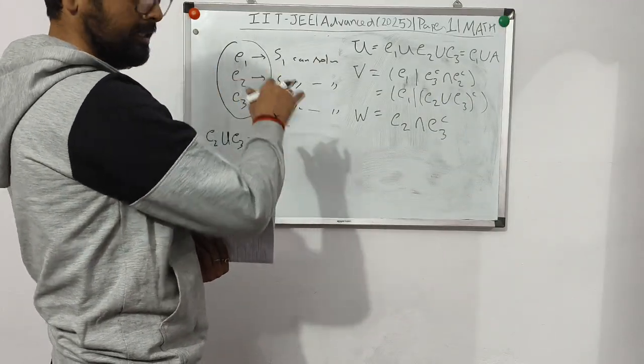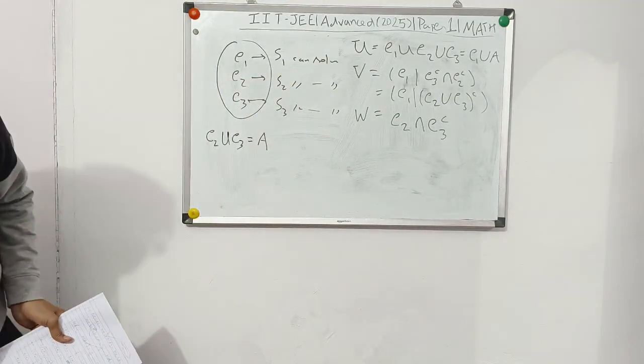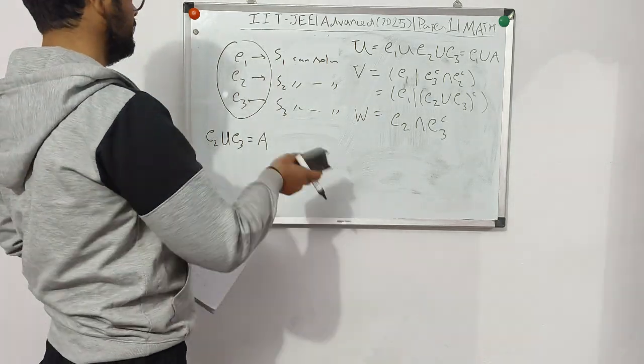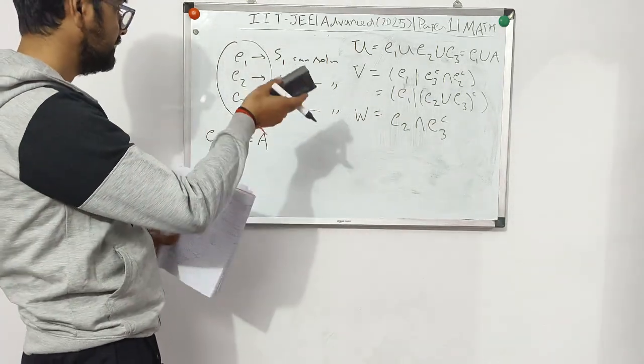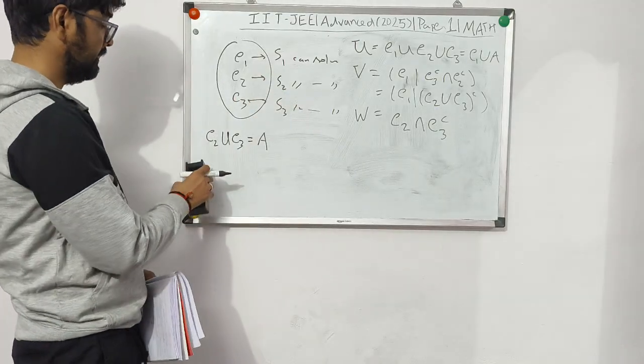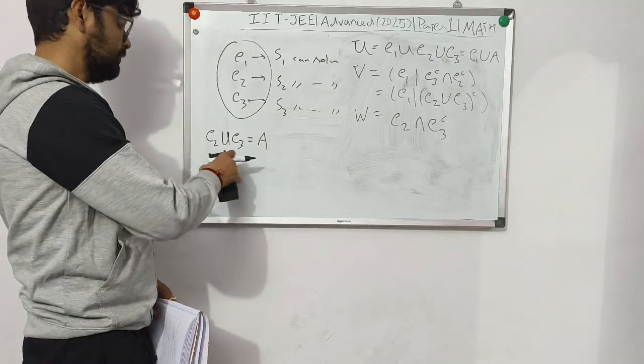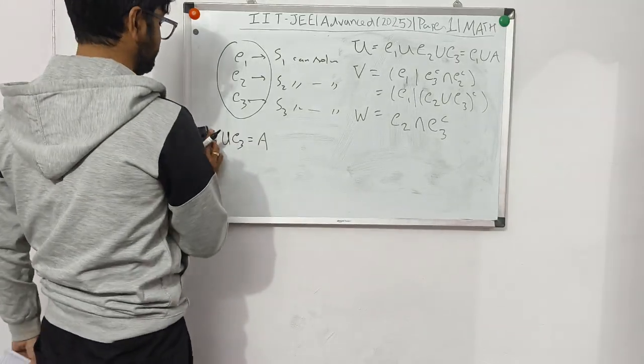So I am going to rub it again, and I will rewrite the probabilities in terms of E1, E2, E3. Please keep in mind that A denotes E2 union E3.